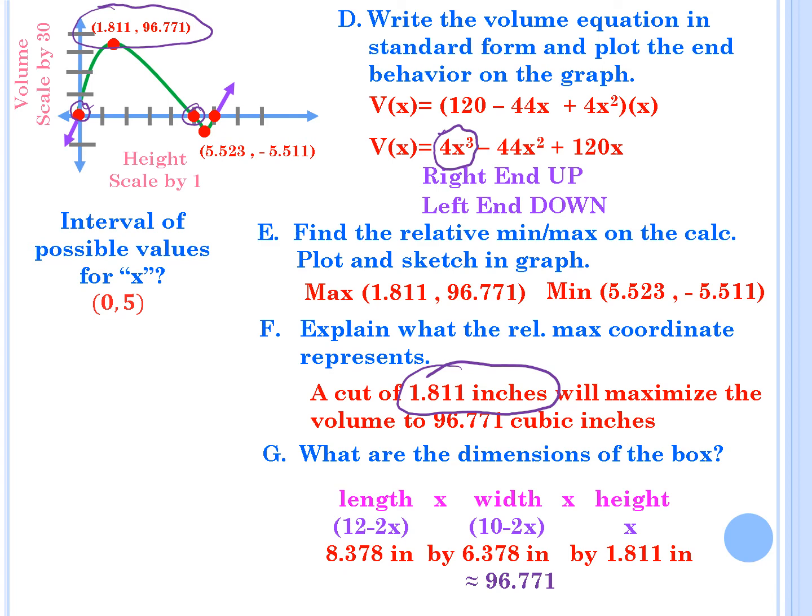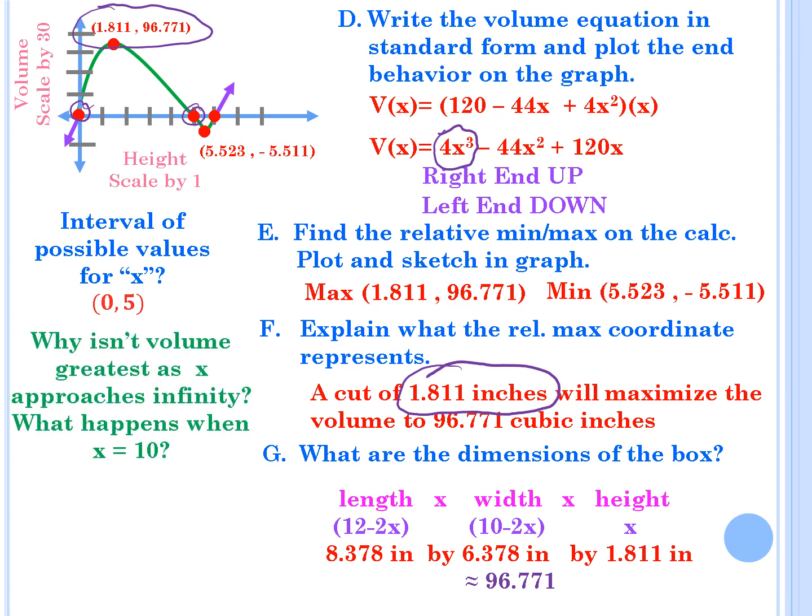My width is 10 minus 2x. And my height is x. So if I plug in 1.811 for each x value, I end up with a length of 8.378 inches by 6.378 inches by 1.811 inches. And that gives me a maximum volume of approximately 96.771.